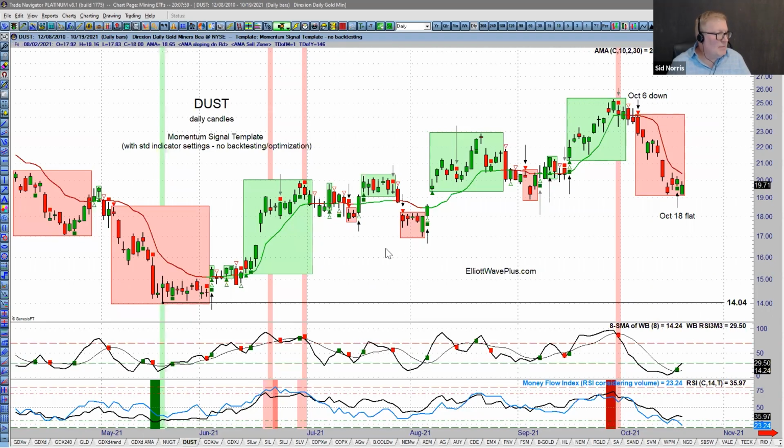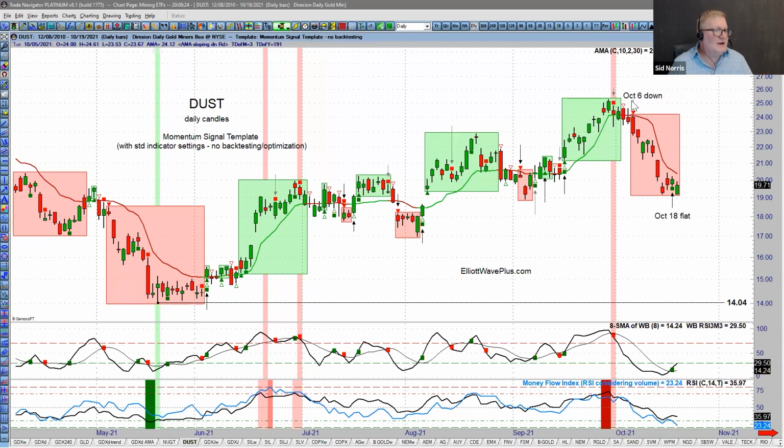This is essentially the same template that I use for my algos, but I use catch-all average settings that are not back-tested here on both the moving average of the Walter Bressert and on the adaptive moving average. And the other thing it doesn't suggest is size of stop, but it does give you what could be considered buy and sell signals on 2 super popular ETFs in the mining.